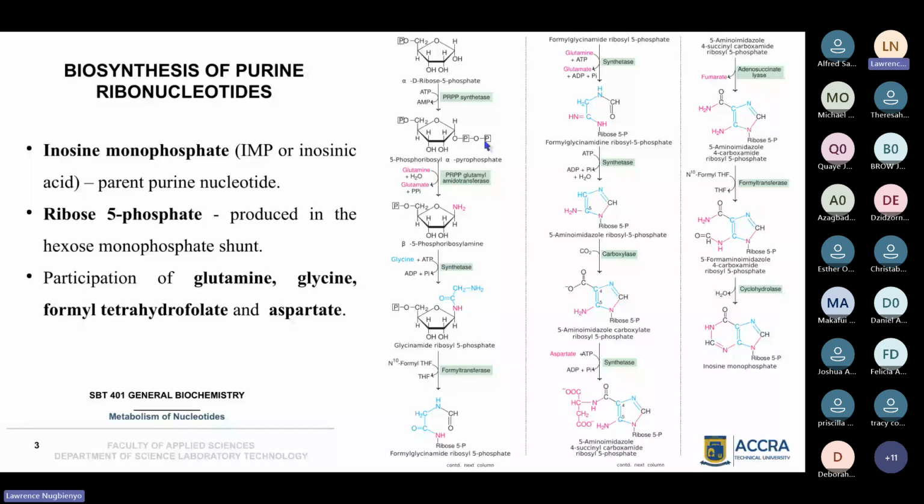So the first molecule is having just 1 phosphate group on carbon number 5. But the product is having 2 phosphate groups in addition to that phosphate group, which is already on carbon number 5. We are seeing again 2 phosphate groups on carbon number 1.